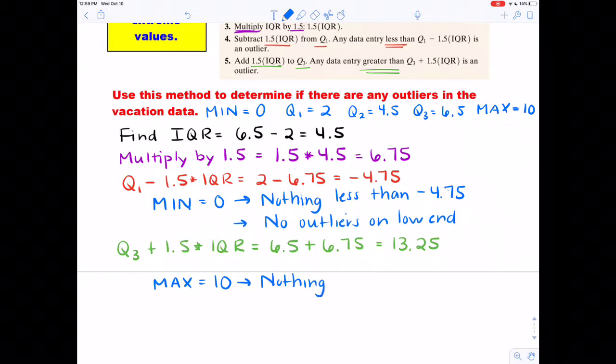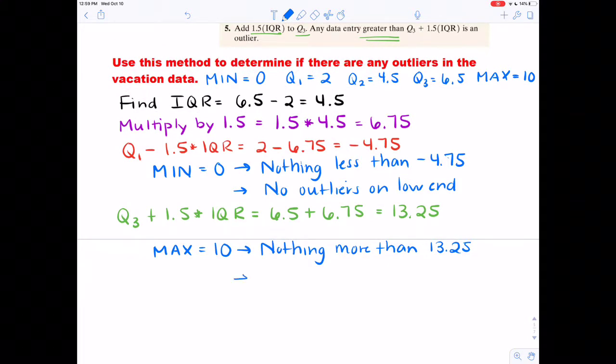So that tells me I'm going to have no values that are more than this upper limit of 13.25. And what that tells me is there are no outliers on the high end of my data.